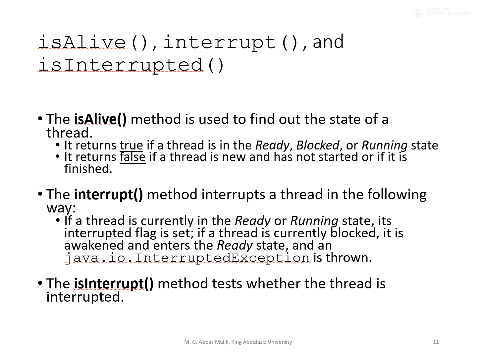Among some of the other methods is the isAlive method, which you can use to check if your thread is in the ready, blocked, or running state. If it returns false, it means the thread is a new thread that hasn't been started yet, or it has already finished execution.